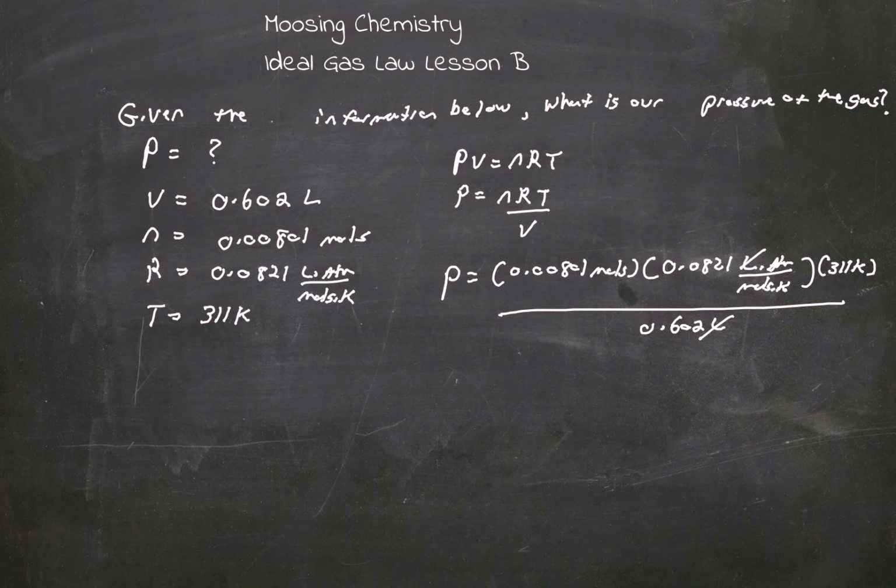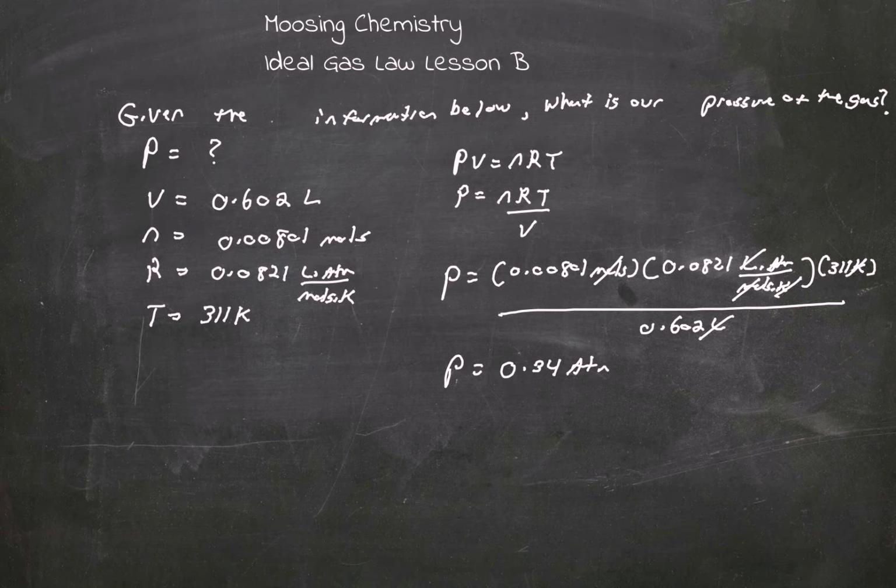So liters will cancel out. There they go. Moles cancel out. There they go. Kelvin cancels out, leaving only atmospheres left. So P equals 0.34 atm. This is going pretty good.